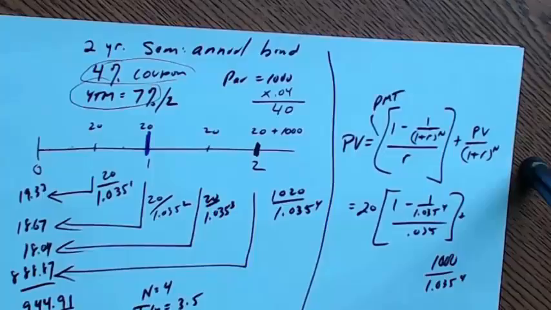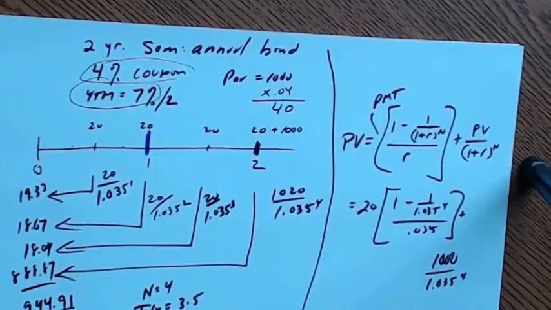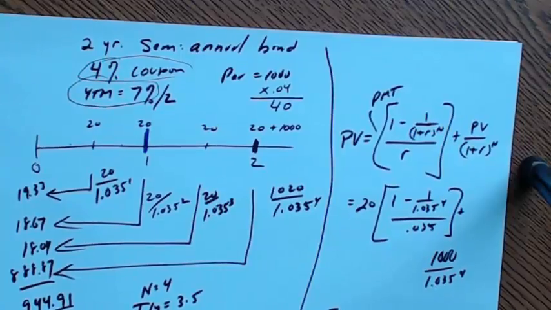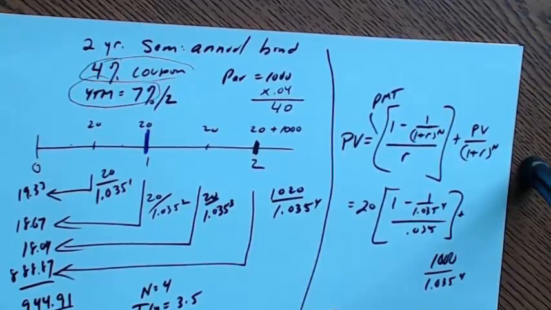You have to read the indenture to find out how it actually works, and in a problem that I would give you, it has to tell you exactly how that works. It could be par value plus one semi-annual payment, or par value plus a year's worth, or some other method. But we'll follow the rules given in this problem. We're going to say par value plus an annual interest payment.